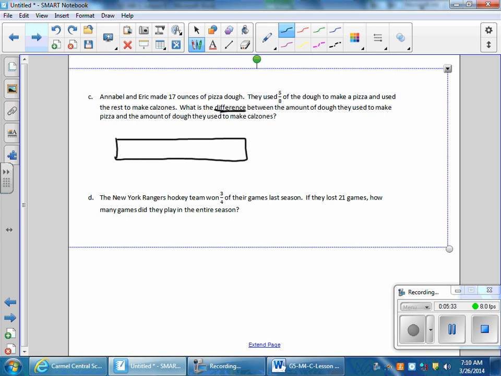I'm going to break my whole of 17 ounces of dough into 8 parts. Five-eighths of those, 1, 2, 3, 4, 5, 5/8 of those are going to be used to make a pizza. And the rest to make calzones.